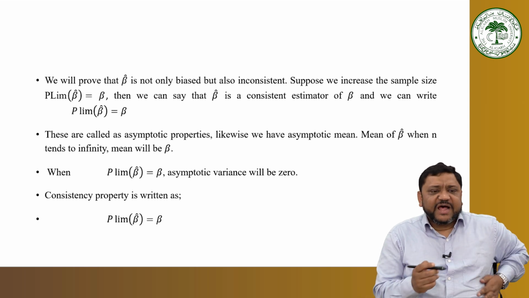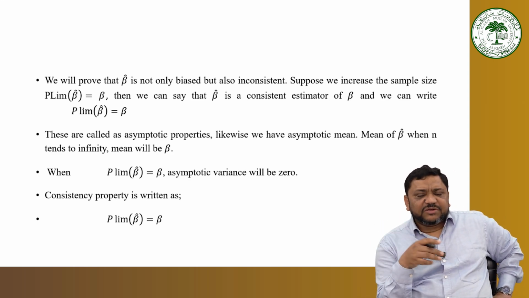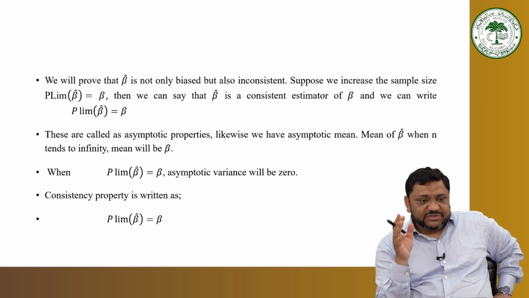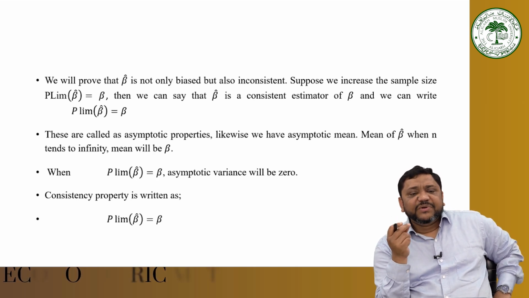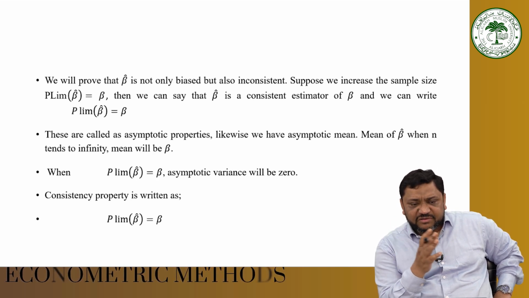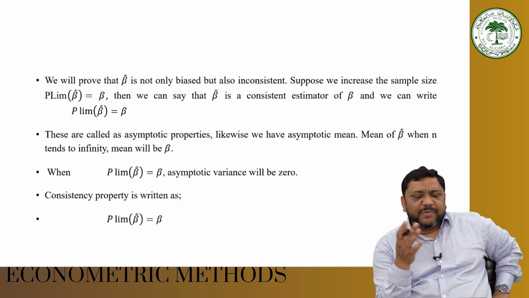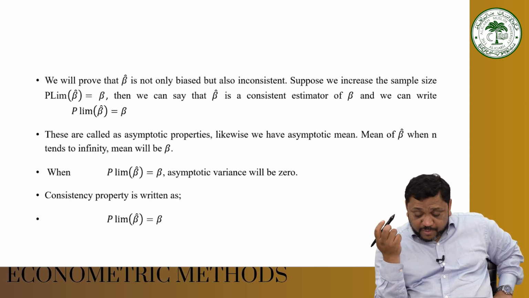Now we will prove that the beta hat is not only biased but also inconsistent. Suppose we increase the sample size, so plim beta hat is equal to beta, then only we can say that beta hat is a consistent estimator of beta. We can write it is consistent when the probability limit of beta hat is equal to beta. Now these are called the asymptotic properties.